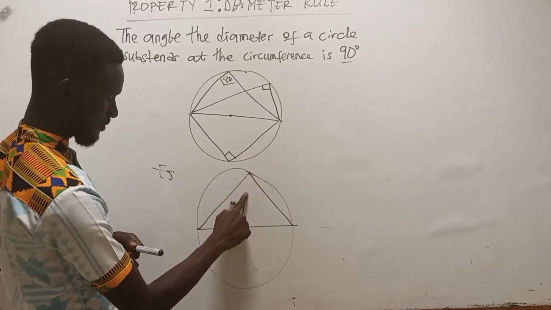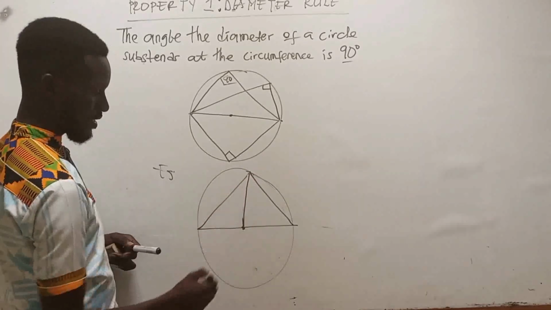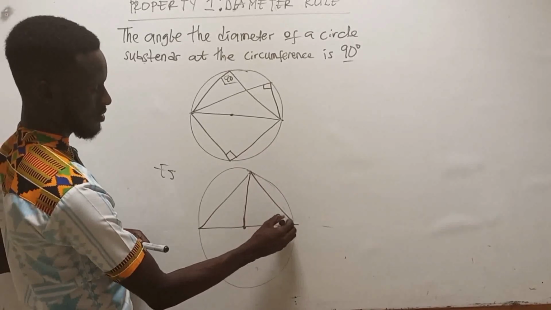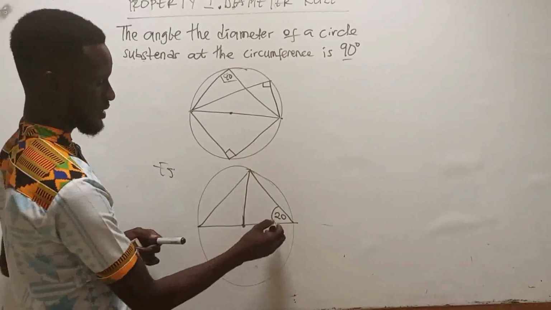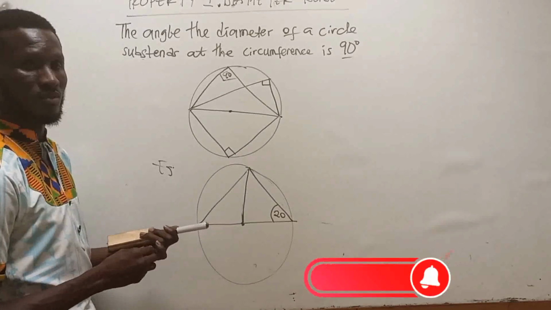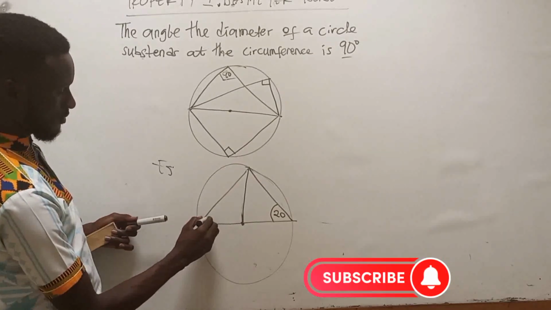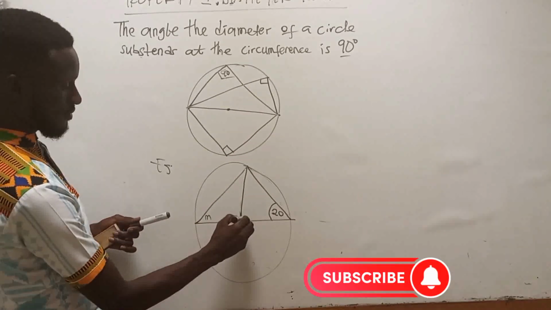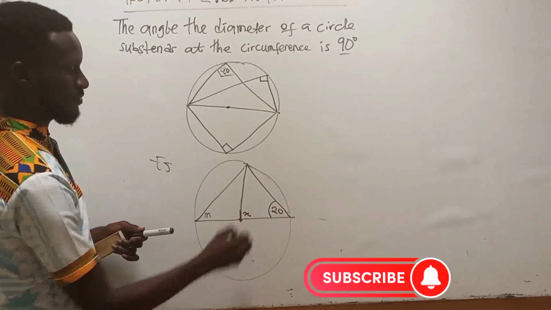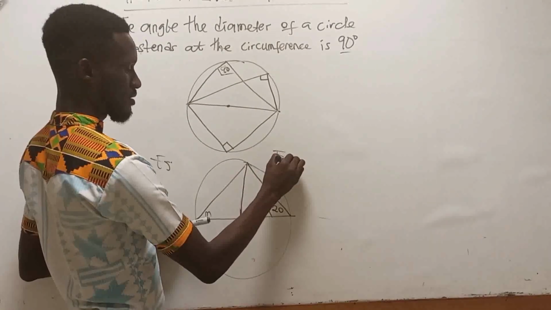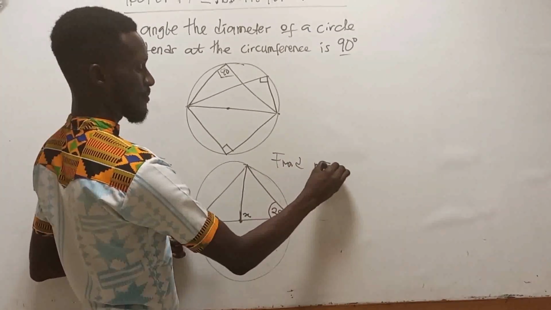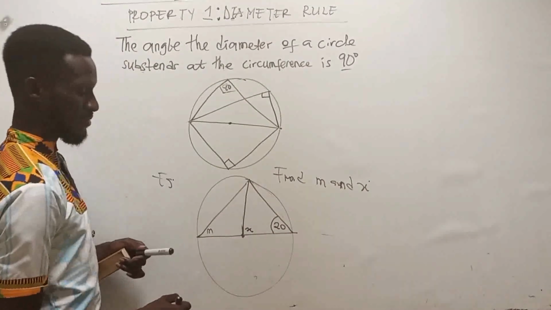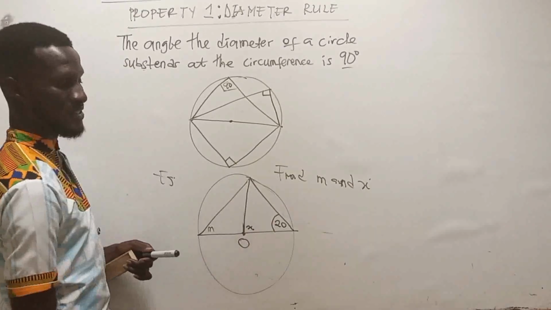Then let's say this particular angle is 20 degrees. Here is M. Here is X. Let's find M and X, where this one is the center.